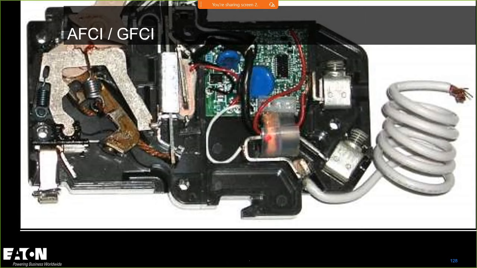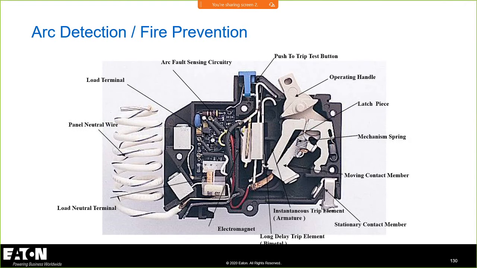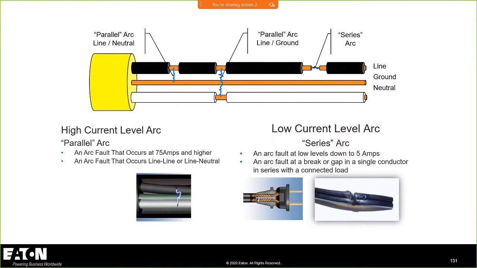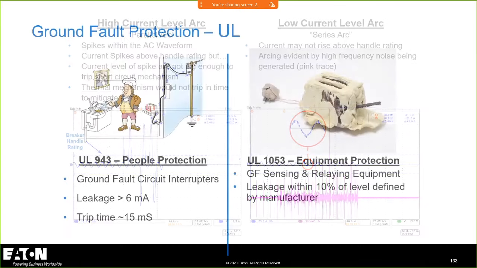And then the other big progress from a molded case circuit breaker perspective was the invention of the AFCI circuit breaker, which detects arcing and sparking. We put a small microprocessor right down in the middle of this device, and we can tell it when to open. We can detect series and parallel arcing. I did a session on AFCIs last week, and we can recognize the high current arcs that'll cause fires and the low current arcs that'll cause fires.